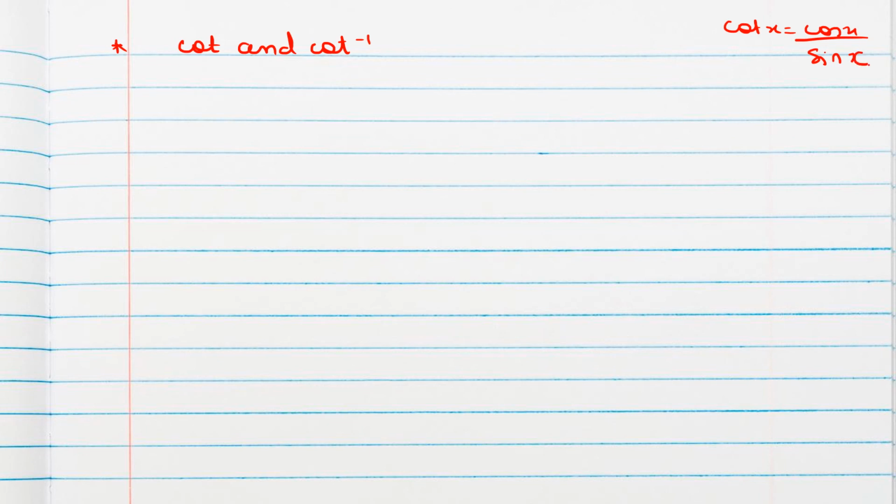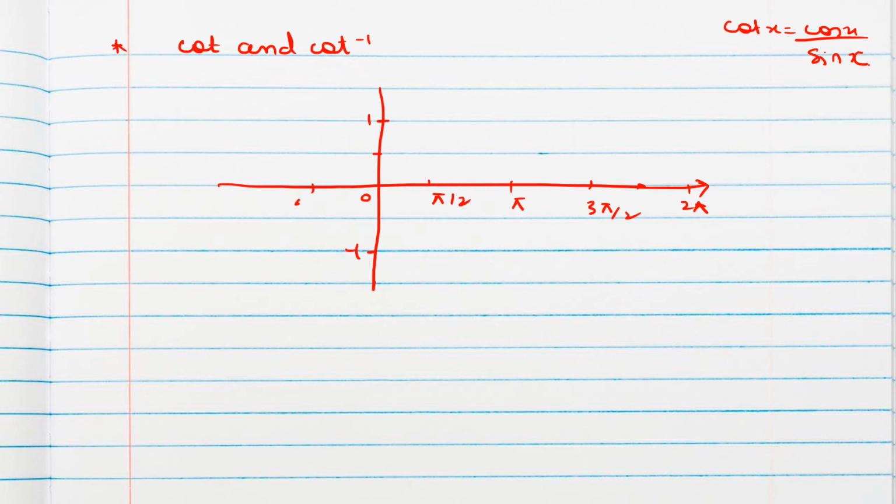So at pi it will be undefined. Minus pi by 2, minus pi, minus 3 pi by 2, minus 2 pi.